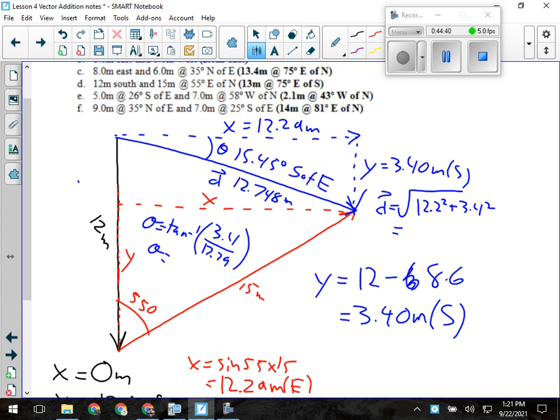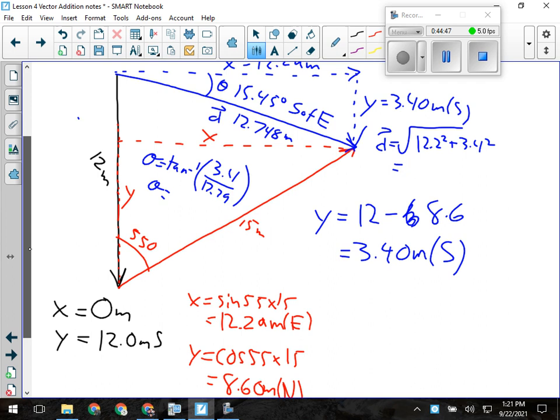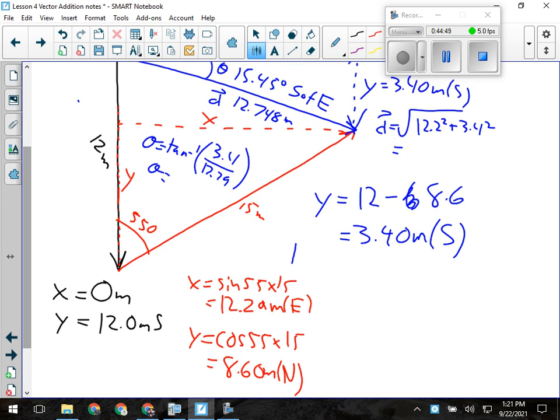Okay, in this question, I was given 2 significant digits everywhere, so my answer would only have 2 significant digits. So we're looking at 13 meters at 15 degrees south of east, or at 75 degrees east of south if you drew your triangle like that.